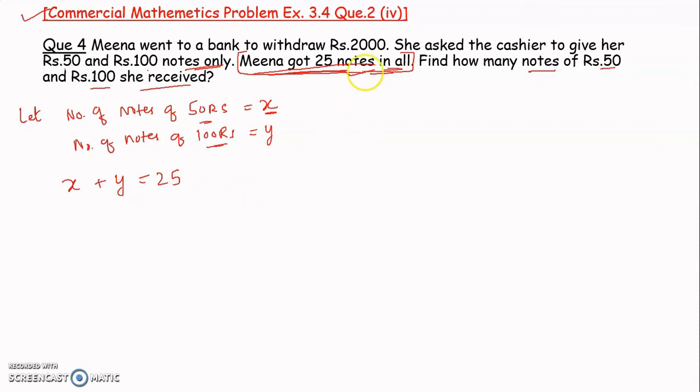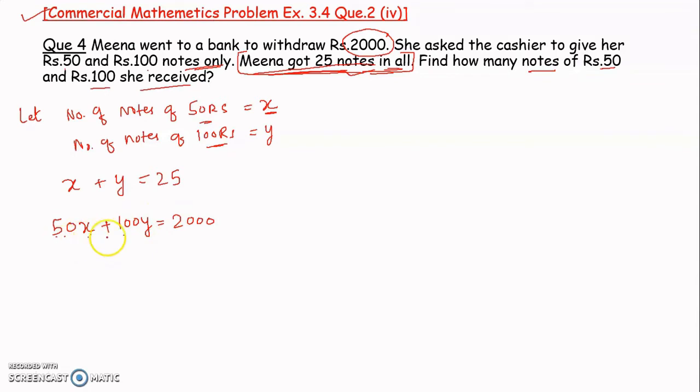and the total rupees are 2000. It means there will be some notes of 50 rupees, let's say x notes of 50 rupees and y number of notes of 100 rupees. So 50 multiplied with x, 100 multiplied with y, that will be equal to 2000, right?